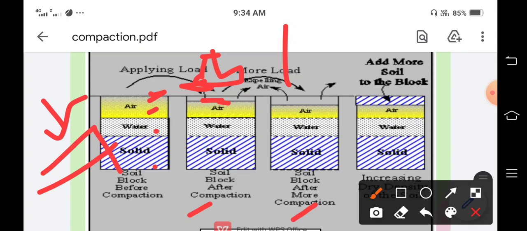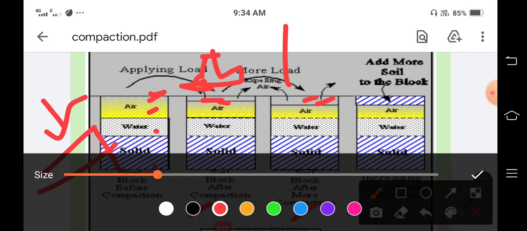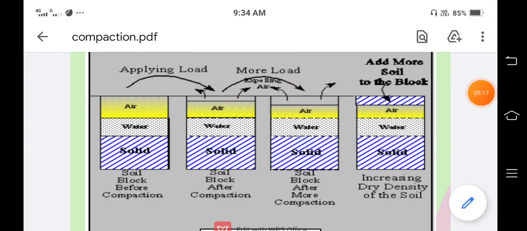In this densified portion, that is the reduced portion, we can add more quantity of soil, so that the density of the soil goes on increasing.